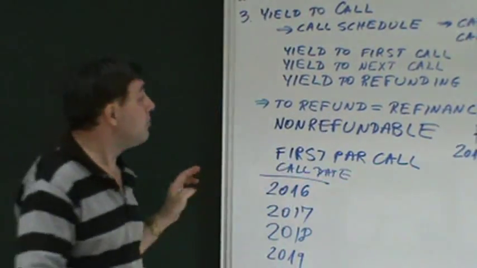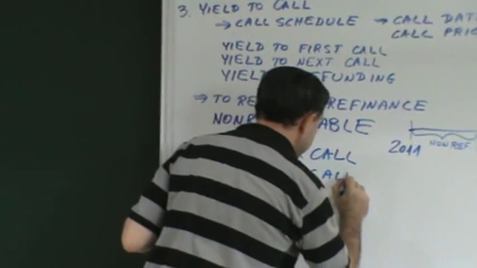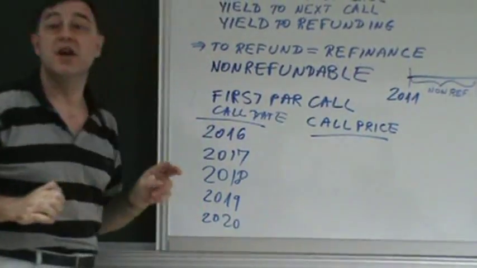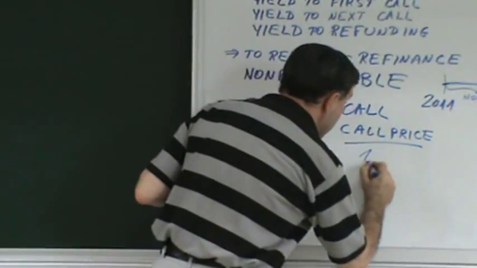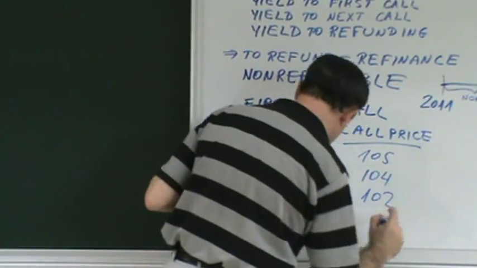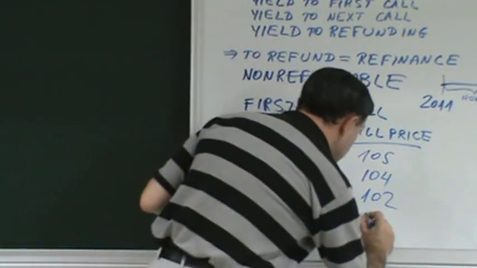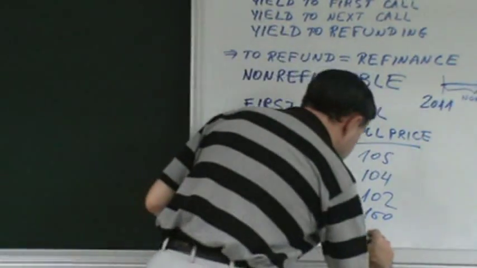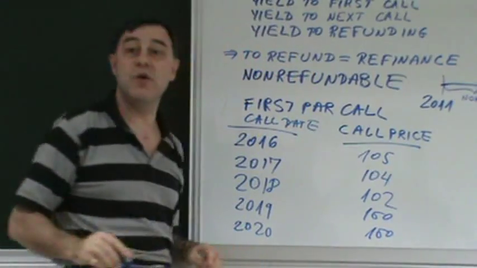Well, the call price will be respectively 105, 104, 102, 100. And then over here it's going to be again, let's say 100.